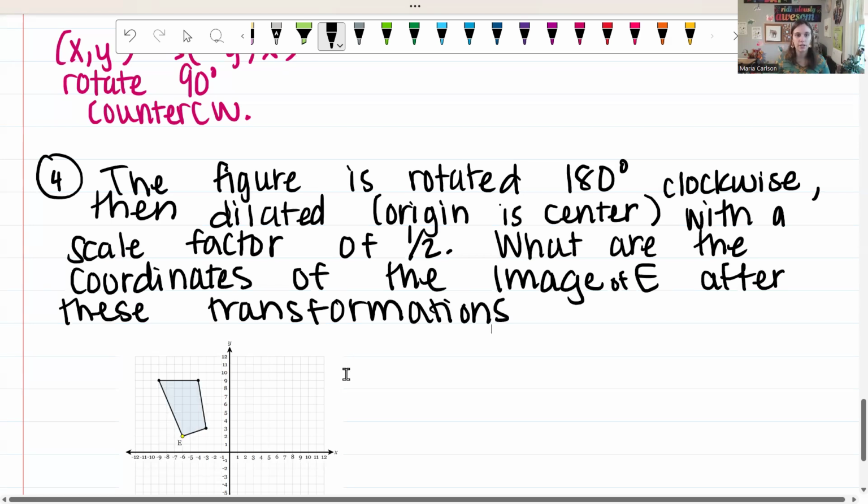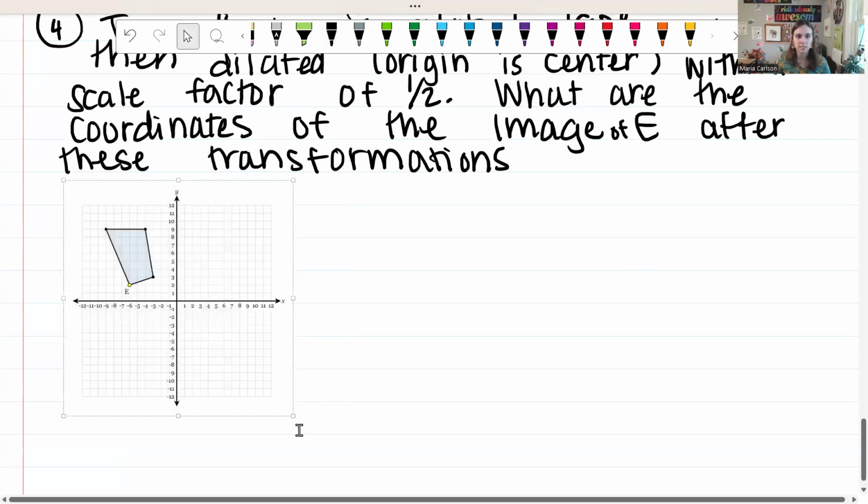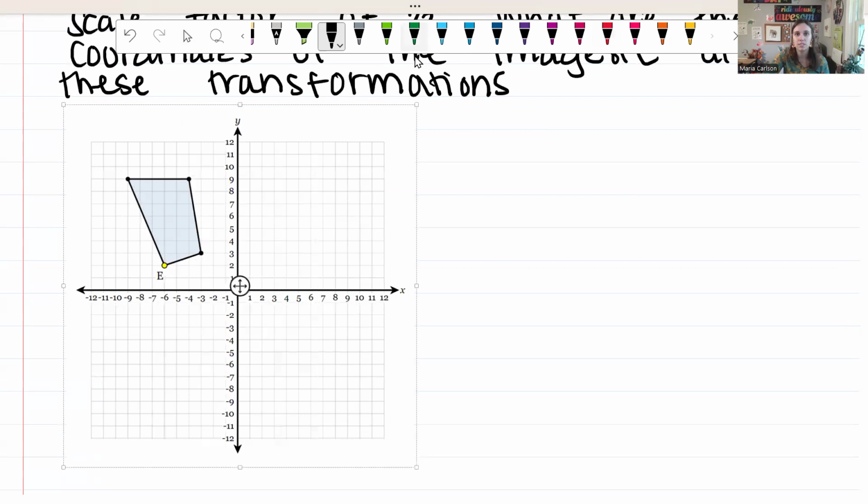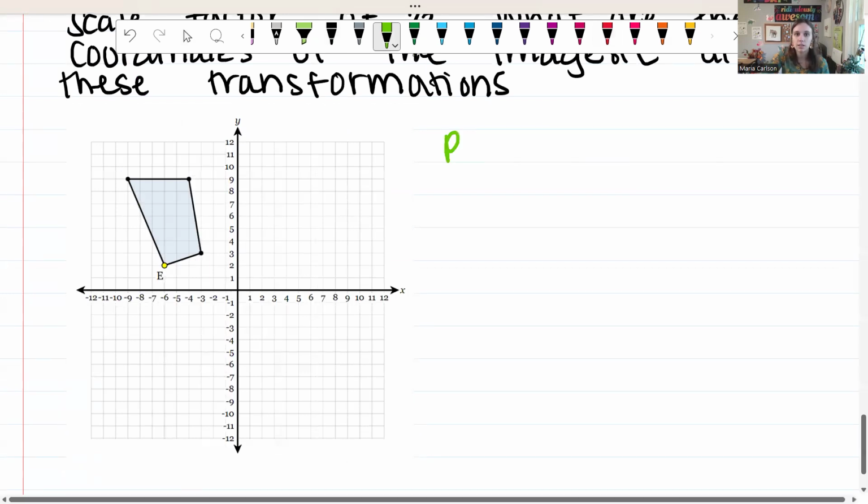So here is the diagram. I need to make this just a little bit bigger so I can see it. And I notice here we have this point E. So in the pre-image, E is the point -6, comma 2.